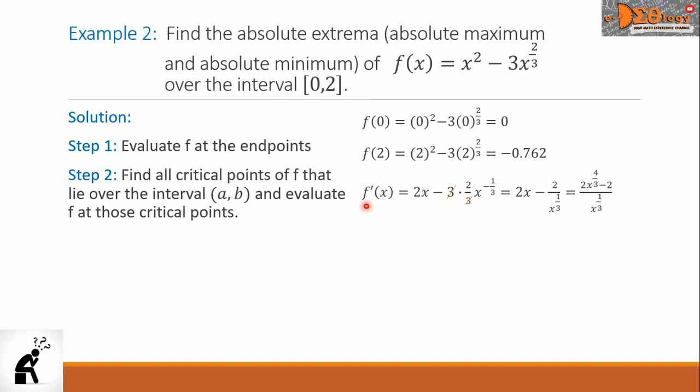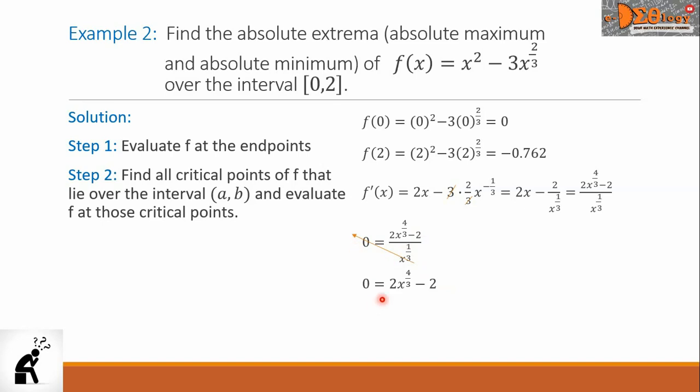Now let us set f prime of x equal to 0. So we have 0 equals this fraction here. When the derivative is a fraction, we can get a critical value when it is equal to 0, or we can take a critical point when it is undefined. So let us now solve for x. Let us cross multiply this denominator to the left side, and this will just be 0.